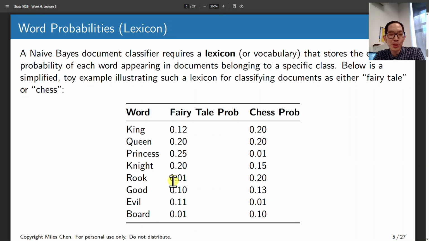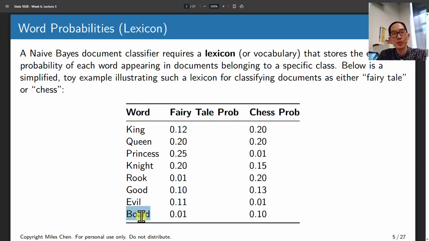I don't know, so I put a low probability there. Good might be a word in fairy tales, but it could also be a word in chess, like if you're talking about a good move or a good play. But then evil could appear in fairy tales. For me, it's hard to imagine talking about evil while talking about chess.